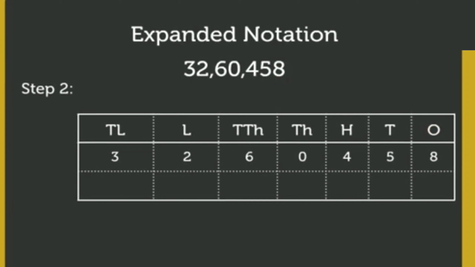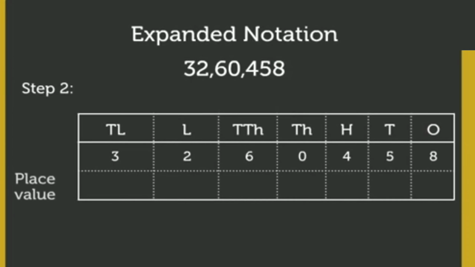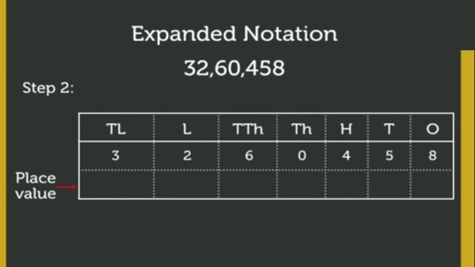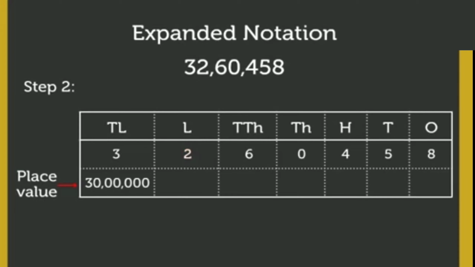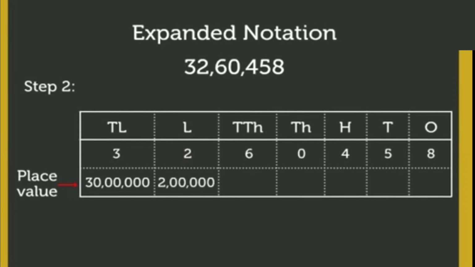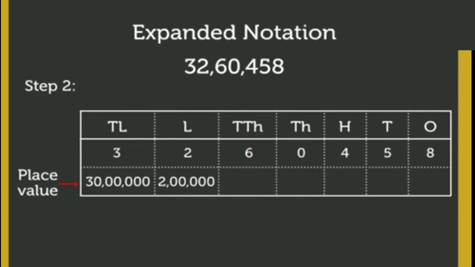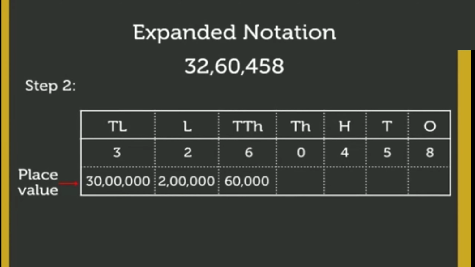Step 2. We find the place value of digit 3 is 30 lakhs. The place value of digit 2 is 2 lakh. The place value of digit 6 is 60,000.